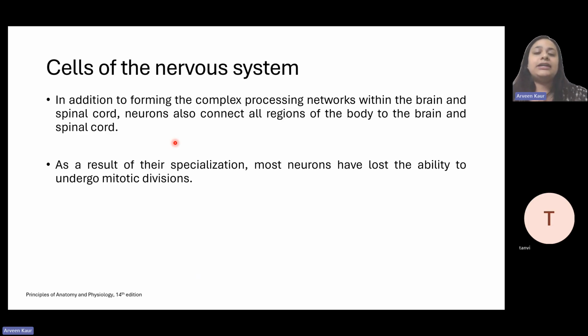Now, along with that, whether new neurons will be formed or new Kupffer cells or new skin cells will be formed will depend on whether there is a pool of stem cells present, right? Hematopoietic stem cells are still there. So even if RBCs are constantly dying, new RBCs are continually formed.